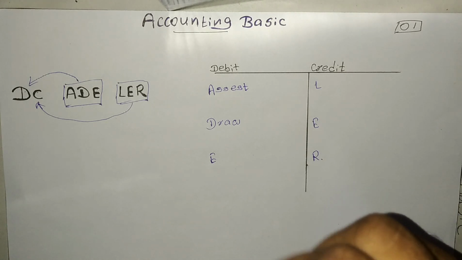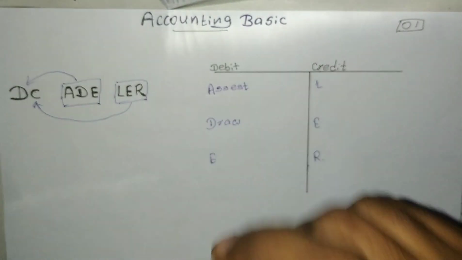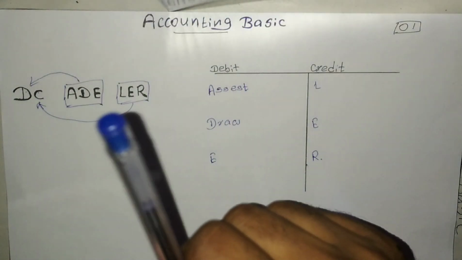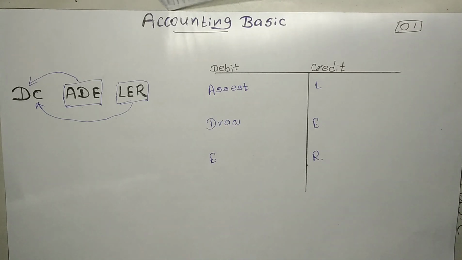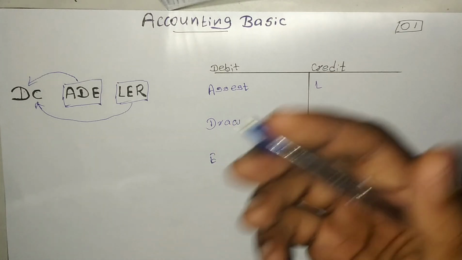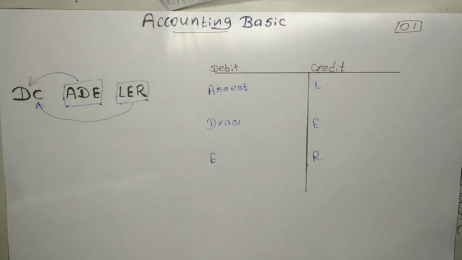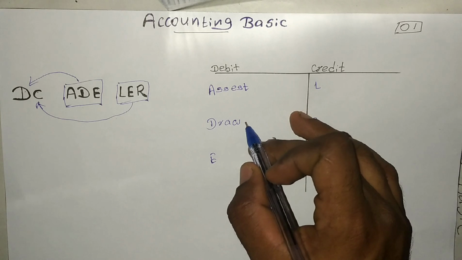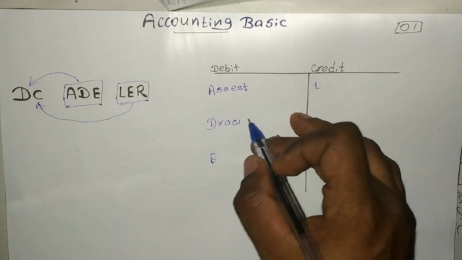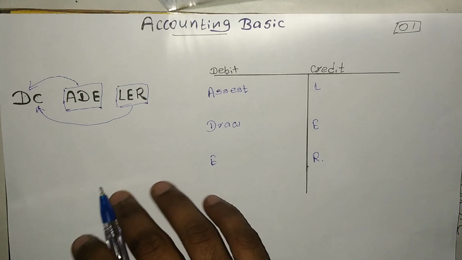And we have learned a certain theory: debit is always left, credit is always right. Now we are going to identify why these three contents go into debit and why these three go into credit.